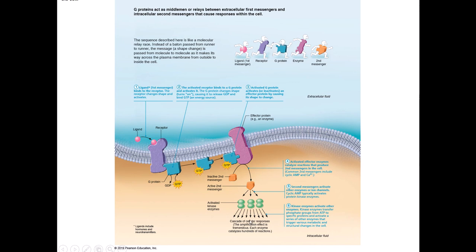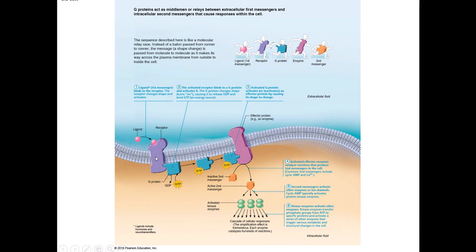And one of the reasons this process can have such huge effects is, let's start at the beginning and we'll see. So here's our ligand, our first messenger. It was released from someplace else in the body and traveled either through the blood or through the extracellular fluid, and then it binds onto the G protein linked receptor. There's the receptor, there's the G protein.